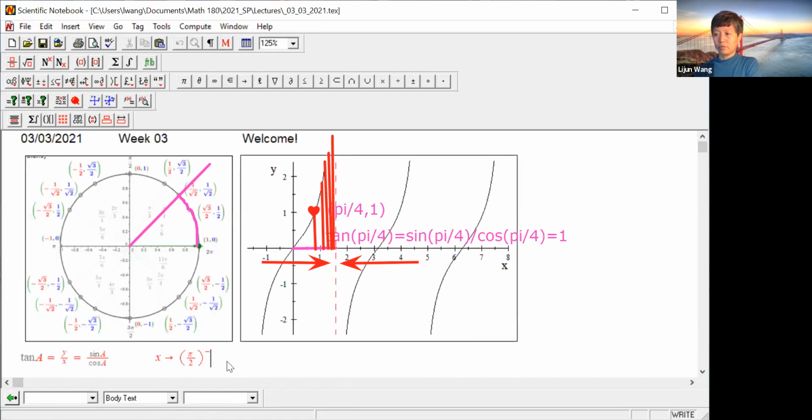And what happens as x approaches pi over 2 from larger than pi over 2? So now you guys understand this notation, don't you? What it means is that as x approaches, this arrow is that, and that arrow is this.